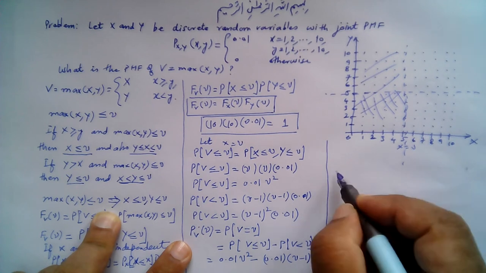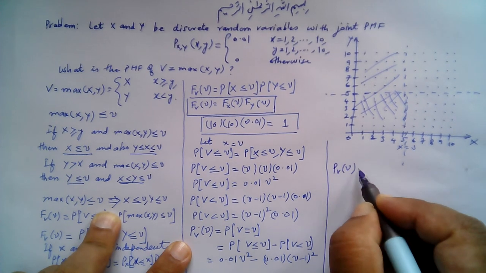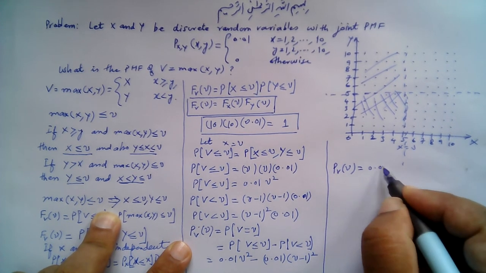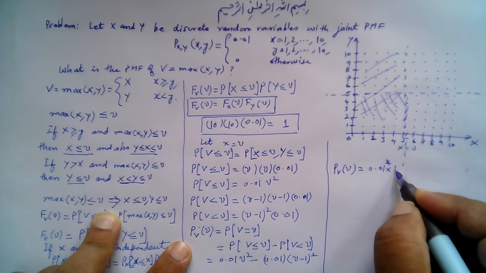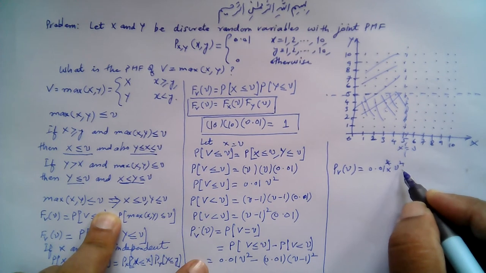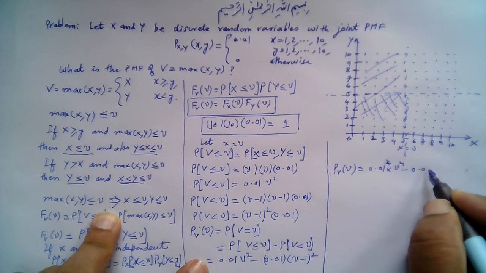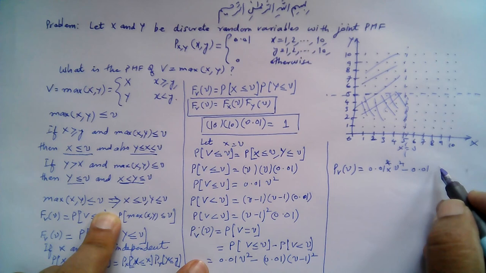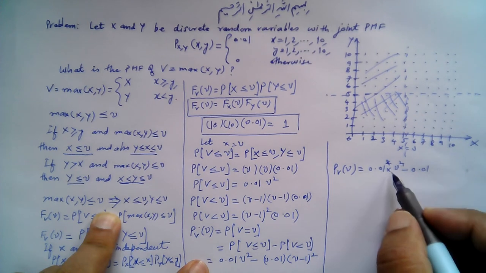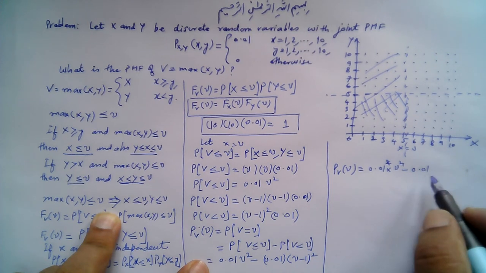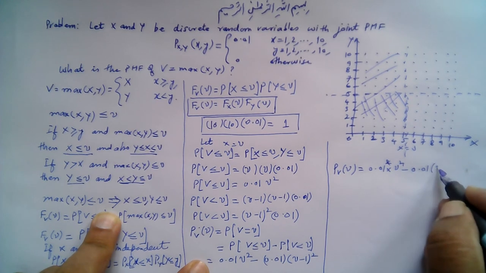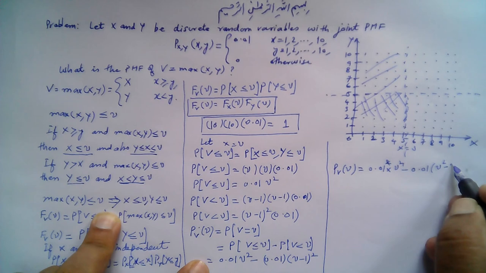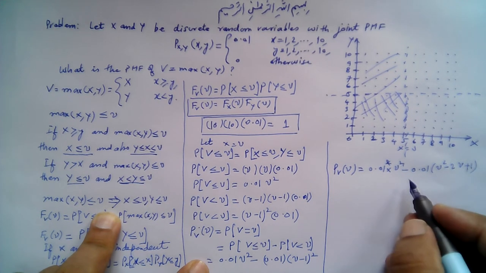So P_V(v) is given by 0.01 into v square minus 0.01 times (v minus 1) square. 0.01 could be taken common, but let's do it in the next step. 0.01 times (v square minus (v square minus 2v plus 1)), right?